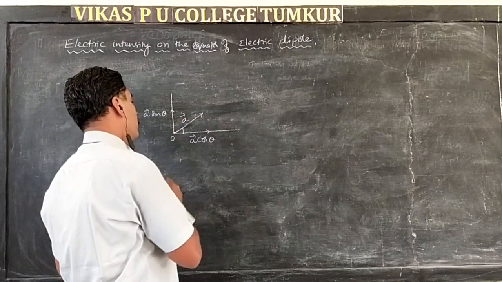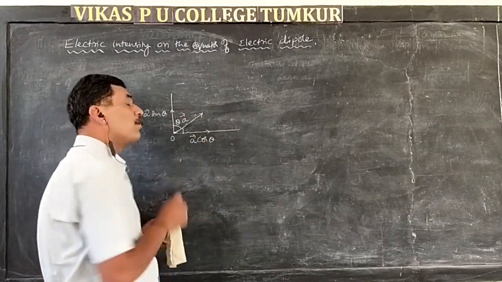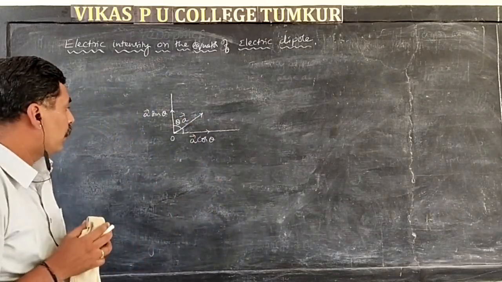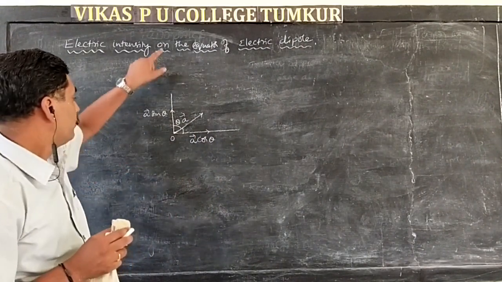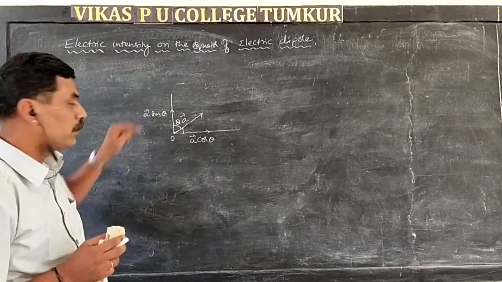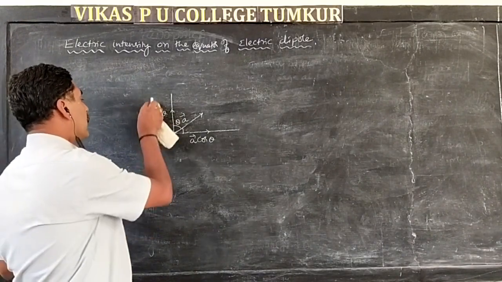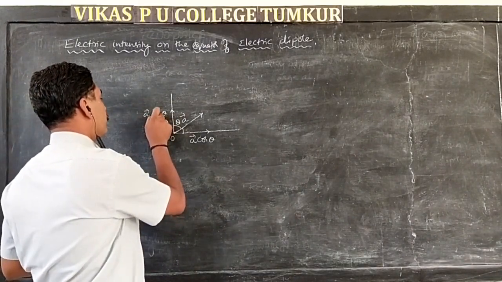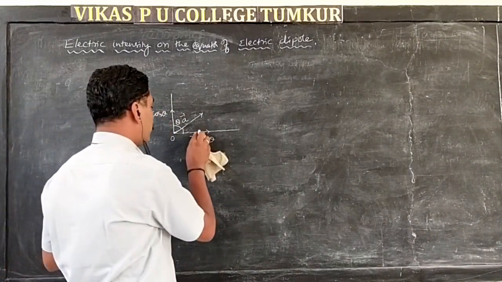Supposing if you take this angle as theta, and adjacent side ಯಾವ್ದಾಯಿತು ಇದೆ, adjacent to angle theta ಇದಾಯಿತು. ನಾವು ಏನಾಯಿತು, ಇದು cosine component ಆಯಿತು, ಇದು sin component.